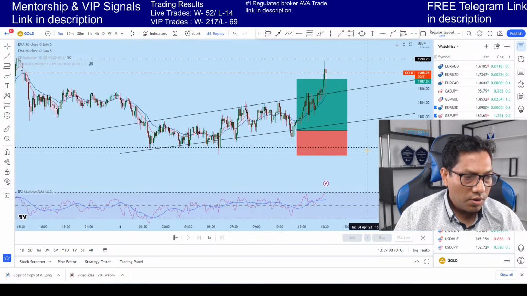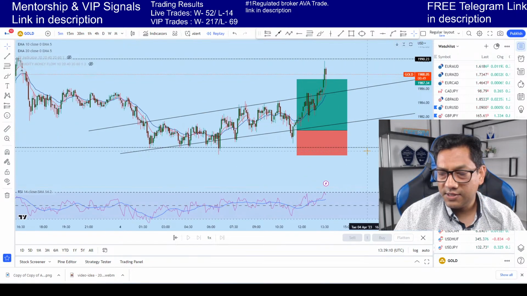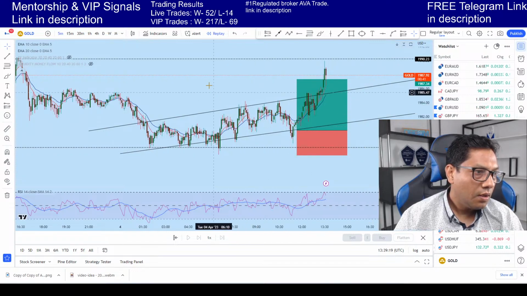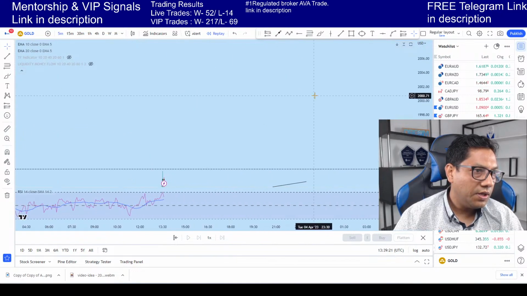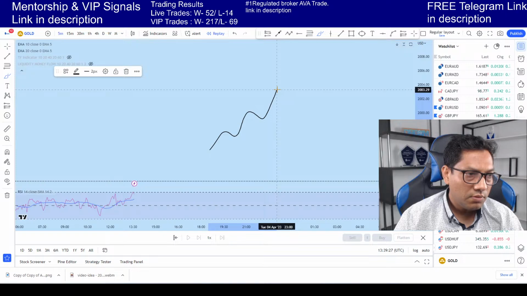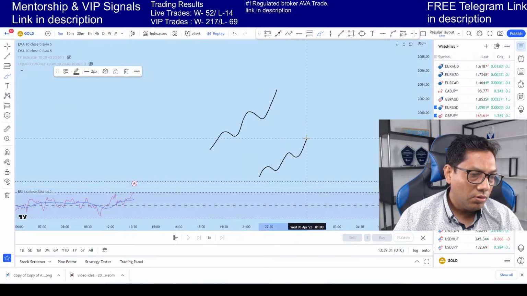So the only thing that RSI can give us is to look for divergence. Divergence, in the simplest terms, is when, let's say, the market is creating a series of higher highs and higher lows, and RSI also creates a series of higher highs and higher lows.